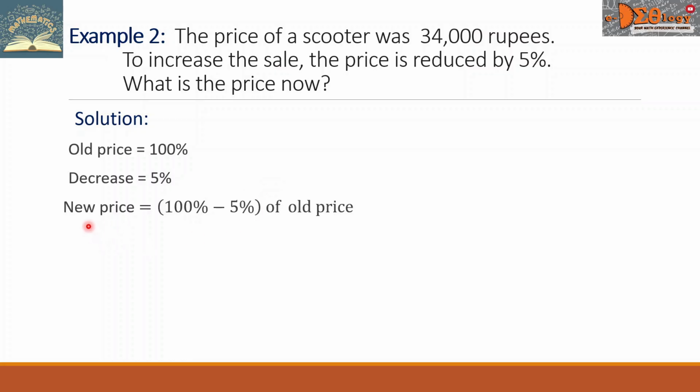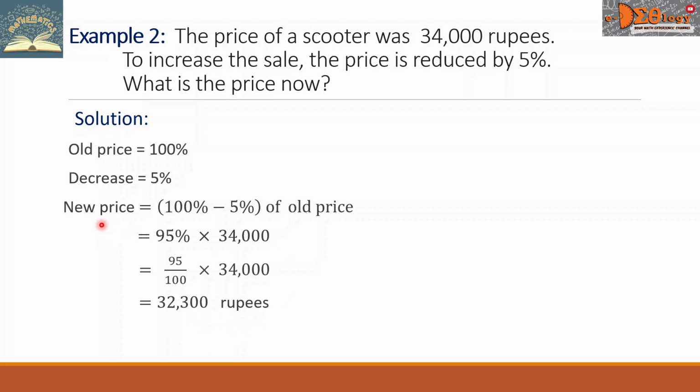That means, for the new price, this is equal to the difference of 100% minus 5% of the old price. So this is 95% times the 34,000. Then we show this 95% as a fraction, 95 over 100. Finally, the answer is 32,300 rupees. This is the new price.